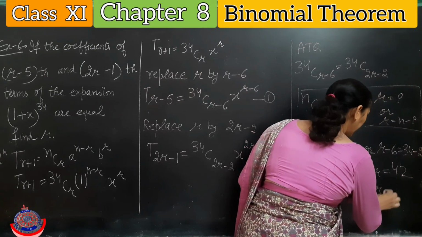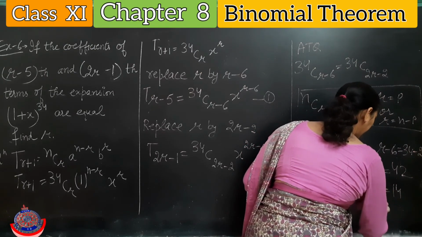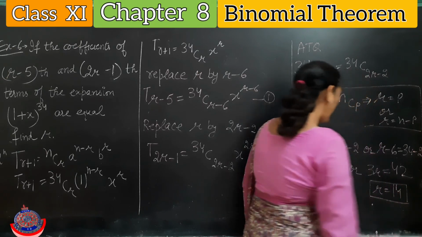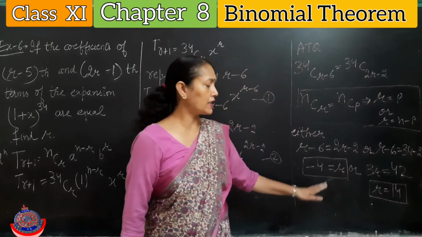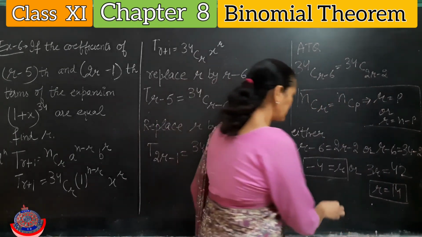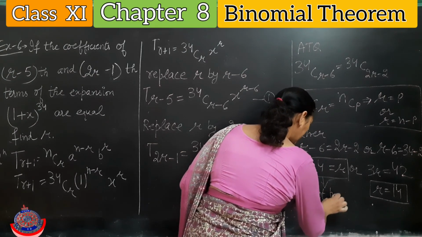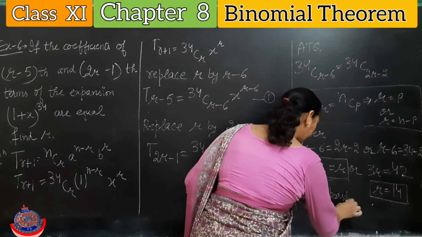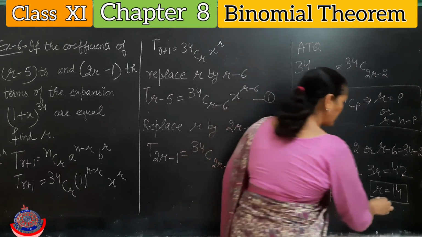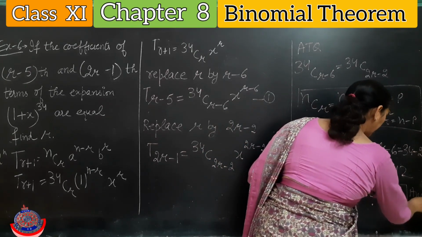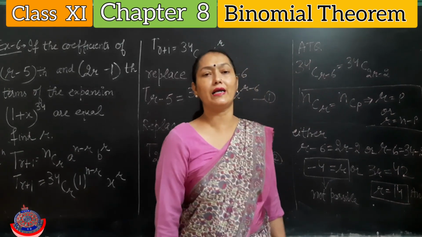So from here we have obtained r as 14. Two values of r we have got, but r can't be negative, so this value is not possible. We will be leaving it. So ultimately the answer of r is 14. We have obtained the value of r as 14.